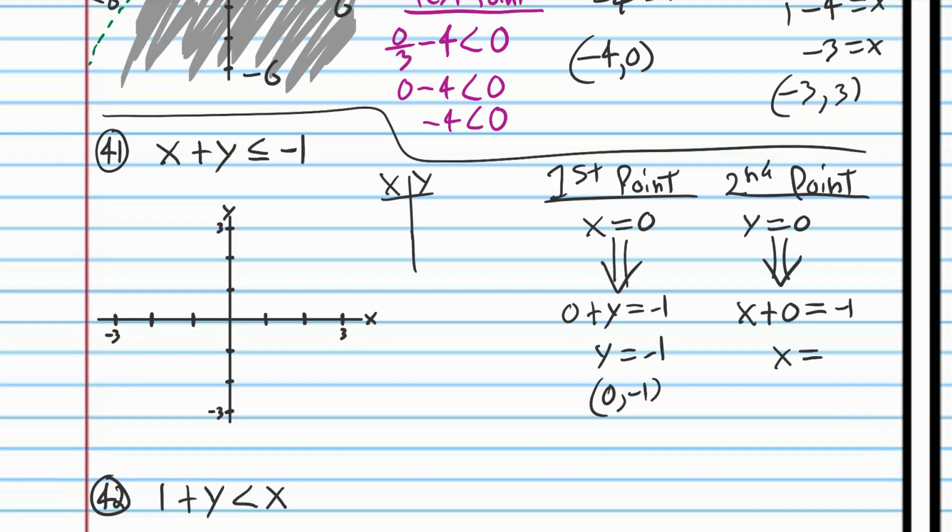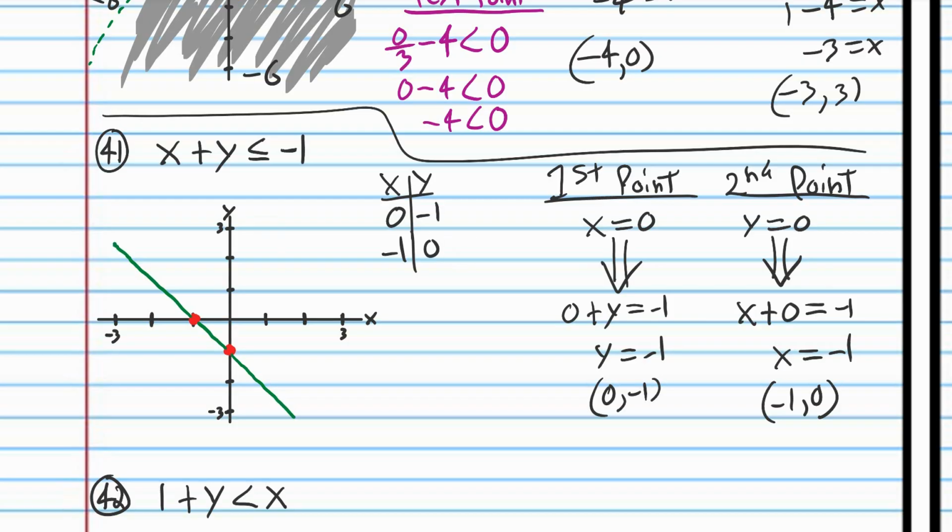So x is equal to -1. So we have 0, -1, and -1, 0. And this isn't less than or equal to, which means we need a bold line, not a dotted line, a full line.